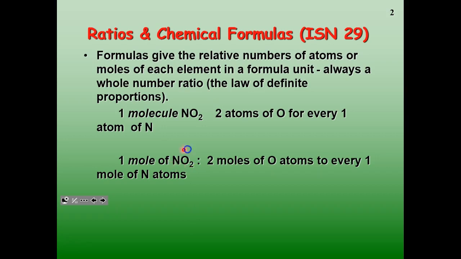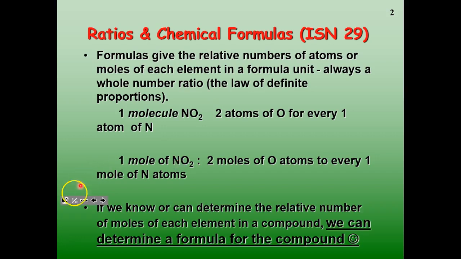So if I have a mole of nitrogen dioxide, then I have 2 moles of oxygen atoms for every 1 mole of nitrogen atoms. Okay, so now being able to think about these subscripts in terms of moles allows us to determine a formula for a compound, because if we can figure out moles of each element, then we can determine the ratio, okay?